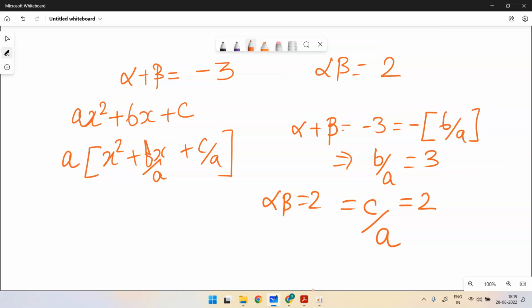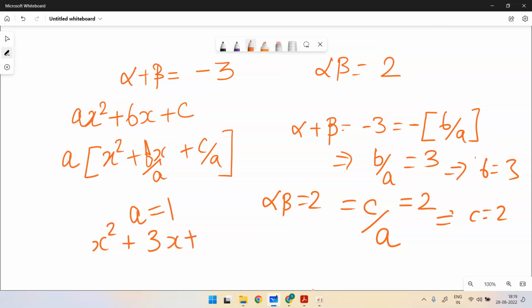Now taking a to be 1, better to take a to be 1. If you take a as 1, then b is 3 and c is 2. So the expression becomes x square plus b by a x, where b by a is 3, so 3x plus 2.